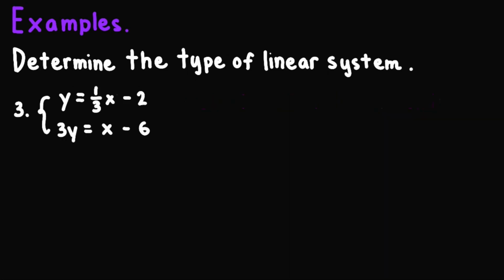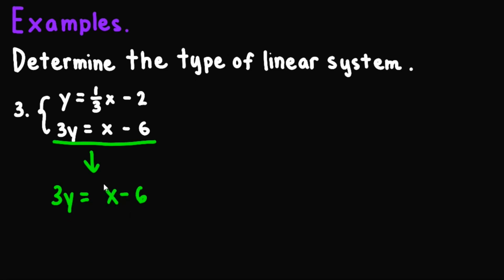Let's have this last example. In here, observe that the first one is already in its slope-intercept form, but the next one isn't. So let's try to convert this second equation to its slope-intercept form so we can easily inspect the slopes and the y-intercept in this one. Let's write that one down.